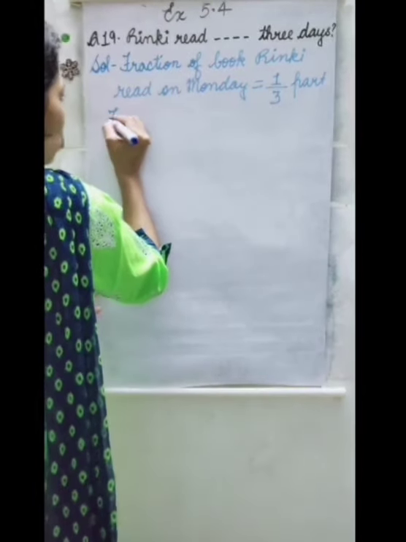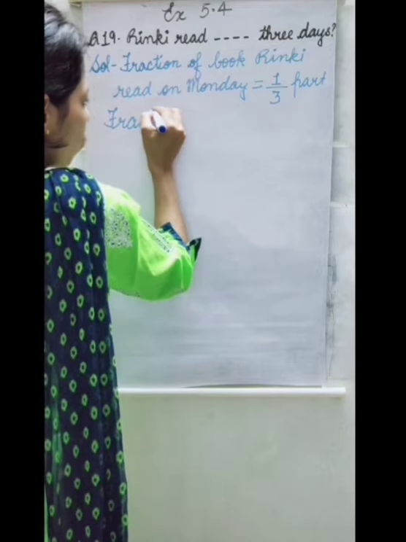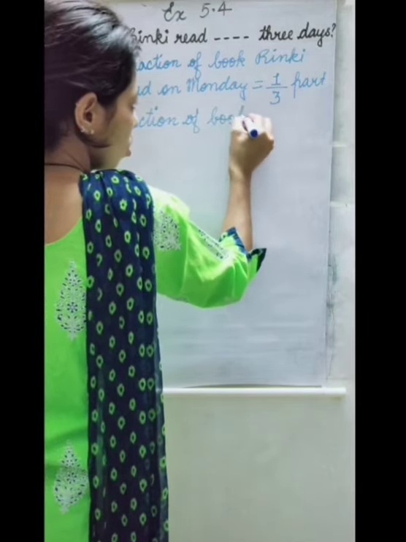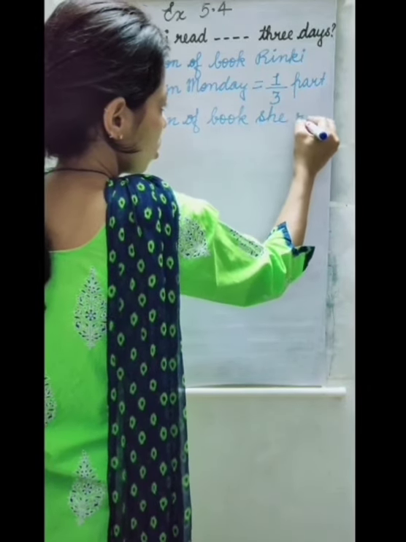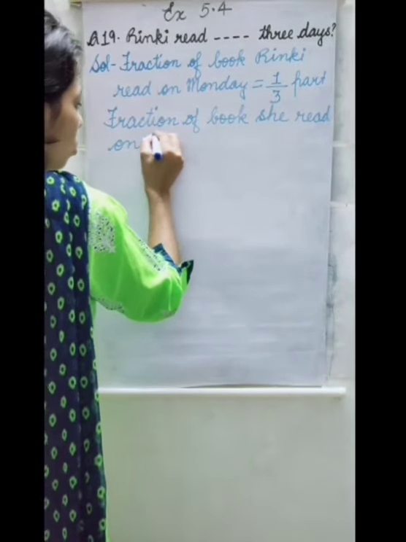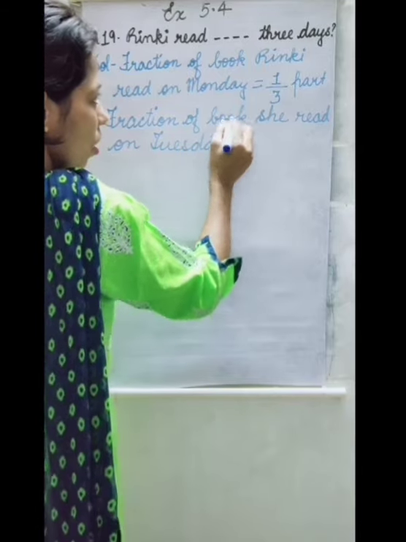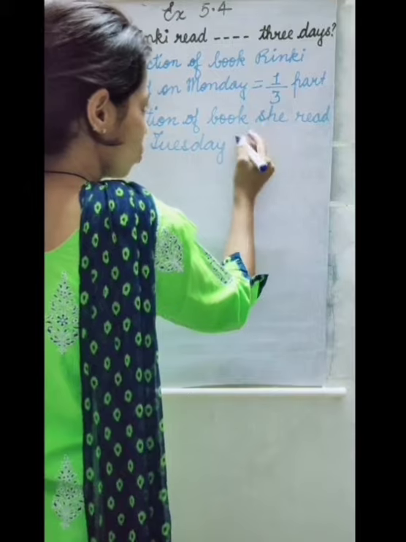Then the second information is the fraction of book she read on Tuesday. As we have written Rinki once, there is no need to write Rinki again and again. We can use she.